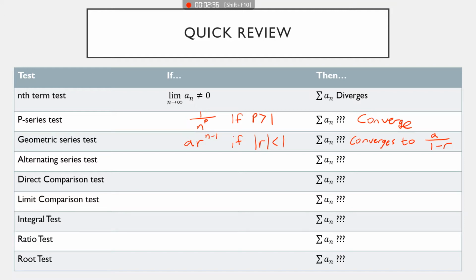Alternating series. It's -1 to the nth power of that. Okay, so I'm going to say if our series is alternating, we could rewrite it as -1 to the nth power times b to the n.